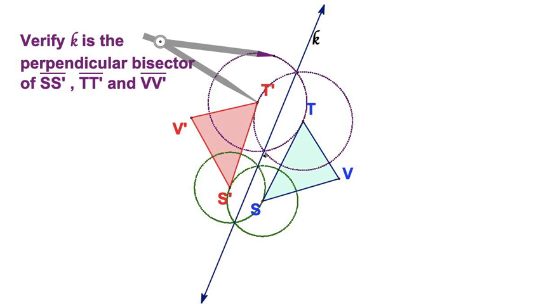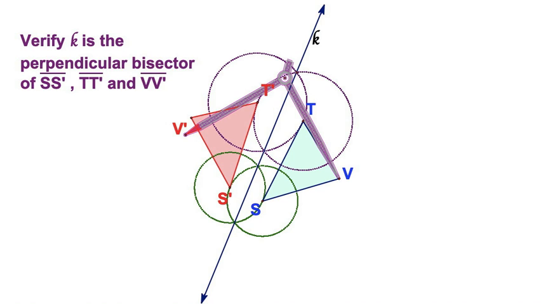They again demonstrate that K, the line K, is indeed the perpendicular bisector of T T prime. I like that. So again, this activity, this part one, all you're doing is verifying.